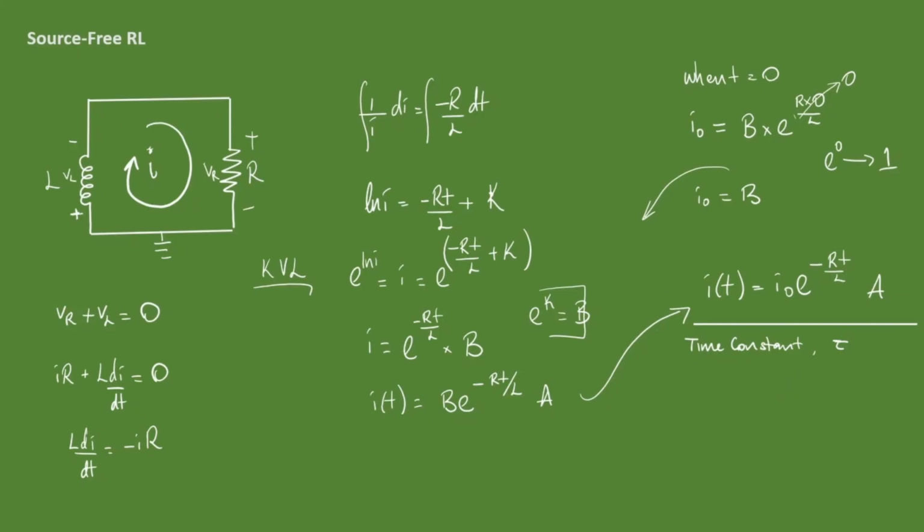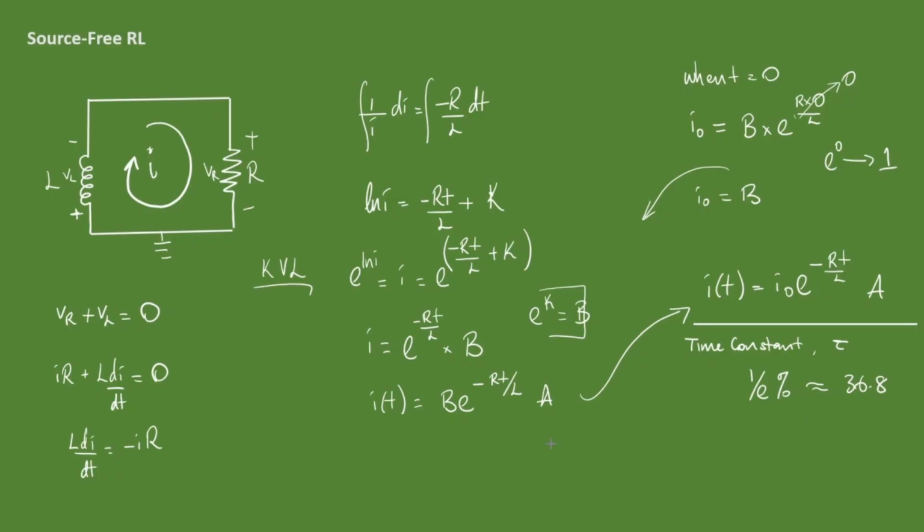It's different for RL and for RC, but it is the time it takes for the parameter, because for RL it's the current, for RC it's the voltage, to decrease by a factor of 1 over e. That's about 36.8%.